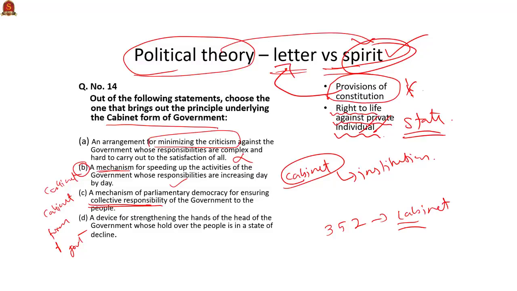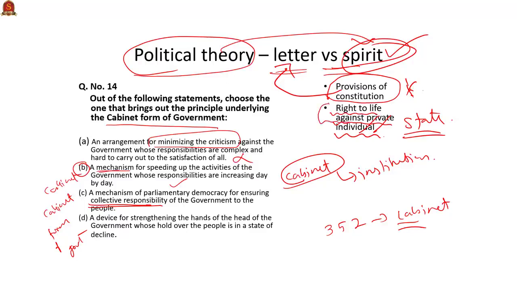Okay, that's the difference. See, by spirit, by political theory, right to life is there against the state as well as a private individual, right? Because a private individual also cannot kill another individual, the state also cannot kill. But for the constitutional provision, they are saying right to life is a fundamental right according to Article 21. It is not available against a private individual.